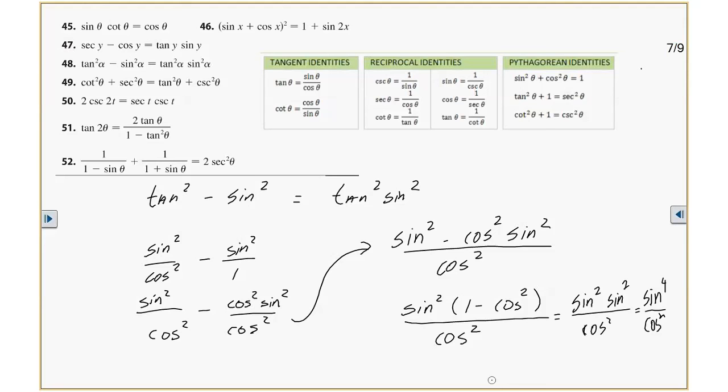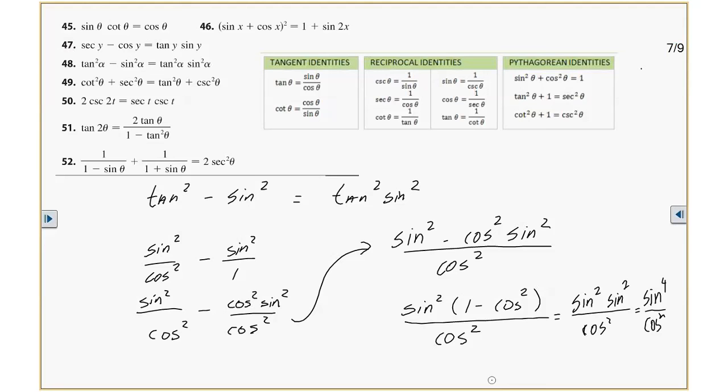No, still going to give us sine squared times sine squared, no matter how you do it. So we must have went wrong somewhere. Anybody see? We went wrong somewhere. And usually when you go wrong on one of these, you have to go back and do something different. Just do something different.